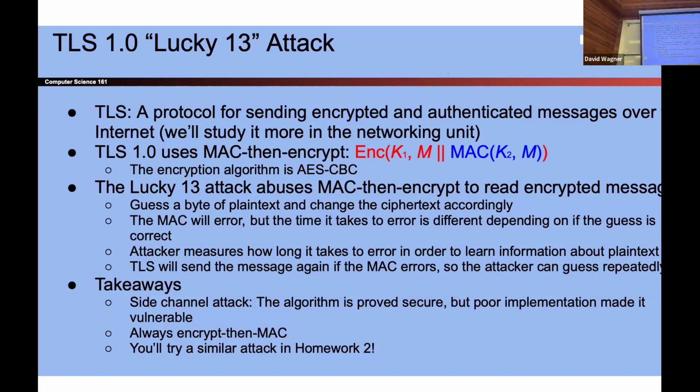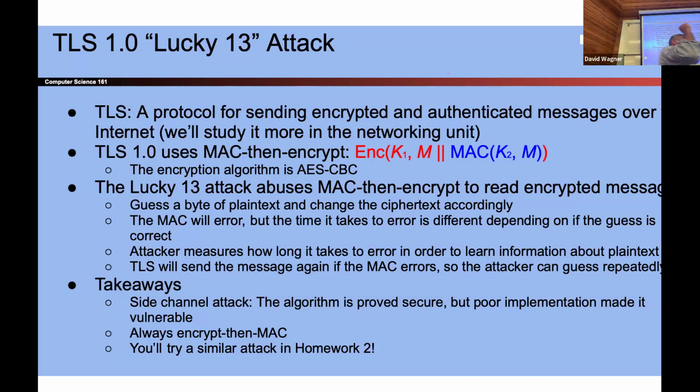And an attacker who's malicious could send a maliciously chosen ciphertext to the web server. It's not going to be accepted. It's not going to have a correct MAC tag. So it's going to be rejected, but it might take longer or shorter to be rejected. And the attacker can observe, when they send the message, how long it takes for the server to send back something saying that I refuse, that was invalid. And depending on that timing, they learn a teeny bit of information about the decryption of their chosen ciphertext.